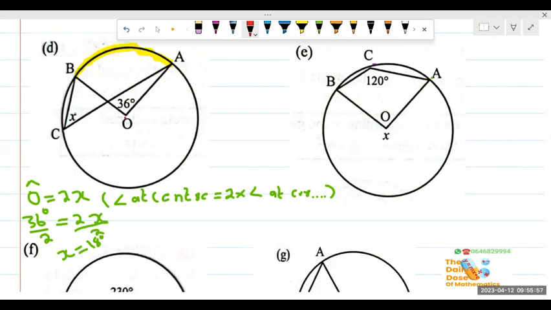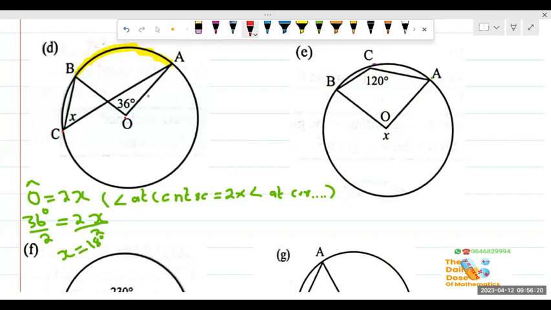The same applies for angle X. Angle X is created by chord CA and chord BC, so it's subtended by BA. It's still the same thing. Both are subtended by the same arc.